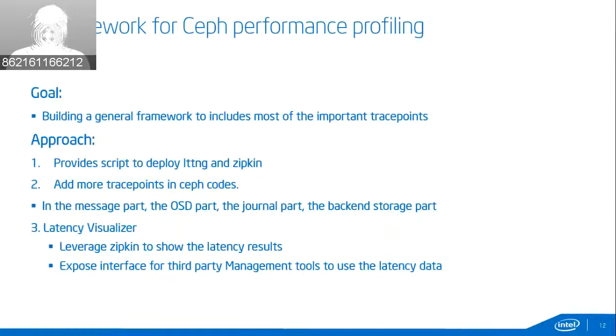Then we need to add more trace points in the Ceph code to cover other parts, like the message part, OSD part, journal part. And the third part is we need to do some modification to Zipkin to view the latency better and more clearly.